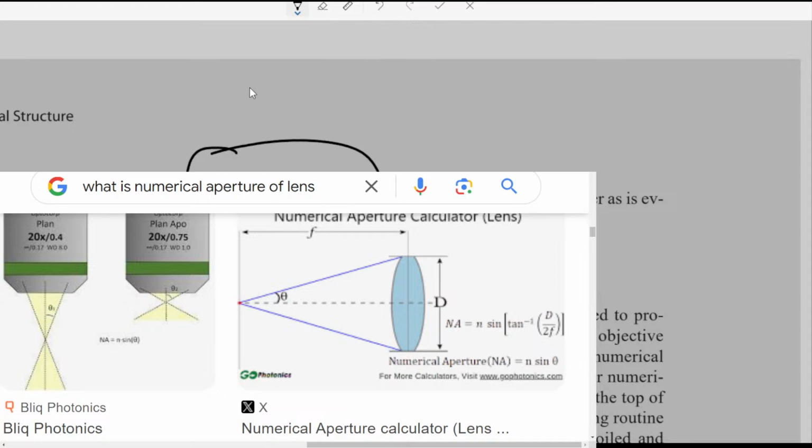This is the lens. When the light enters into it, if the light goes here and here, the lens cannot capture it. But by the way, light doesn't come from above, it comes from below, right?